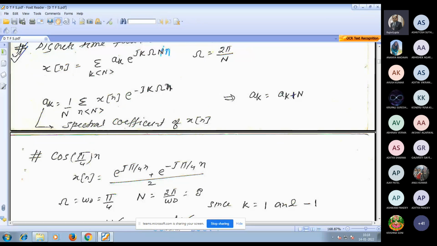Tell me the components of the series coefficients that are sufficient to represent this cos pi by 4 n.